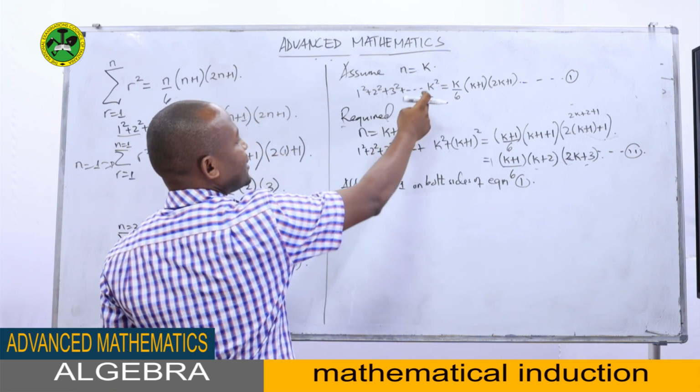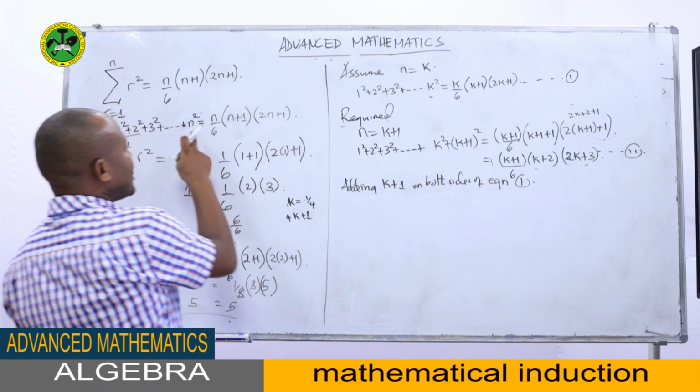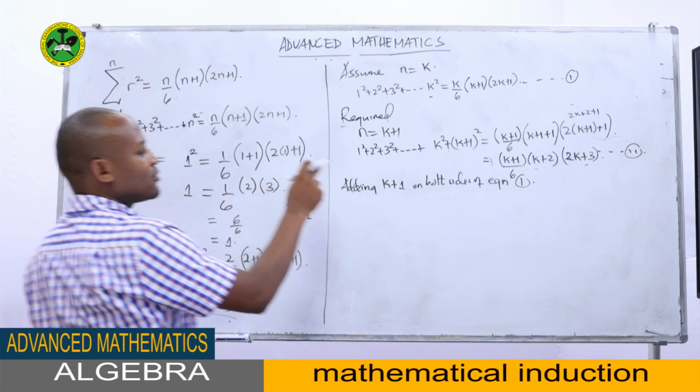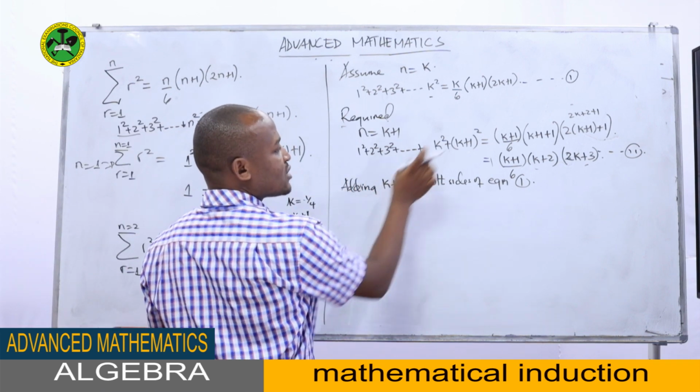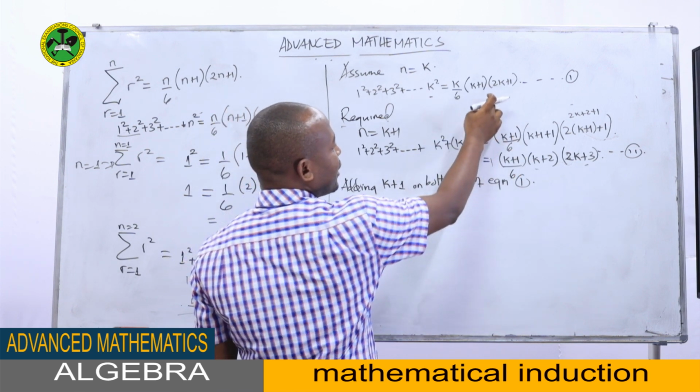But remember, it is k squared, or n squared. That means we add the squared term to both sides of equation number 1.